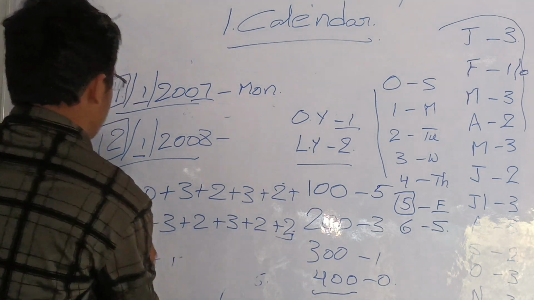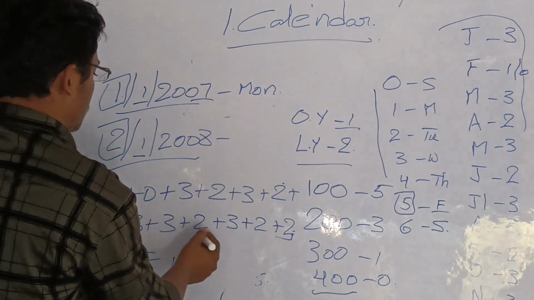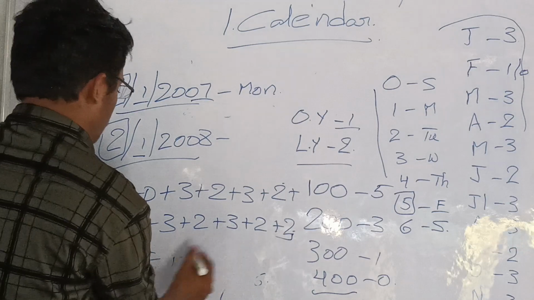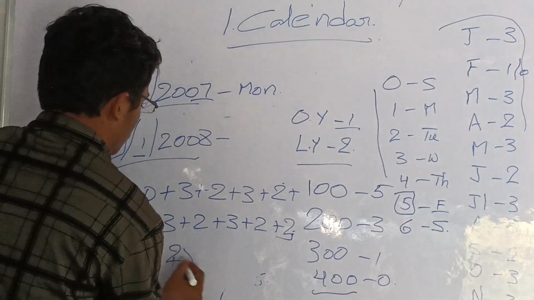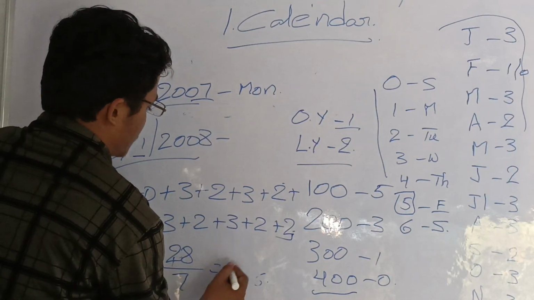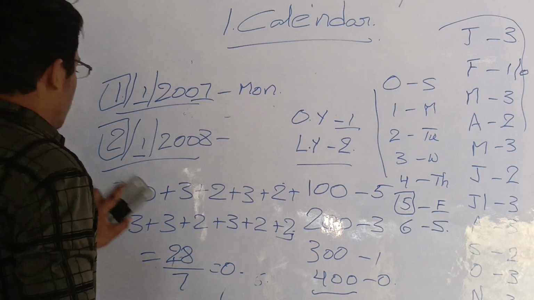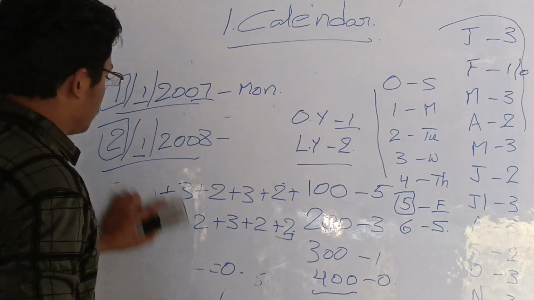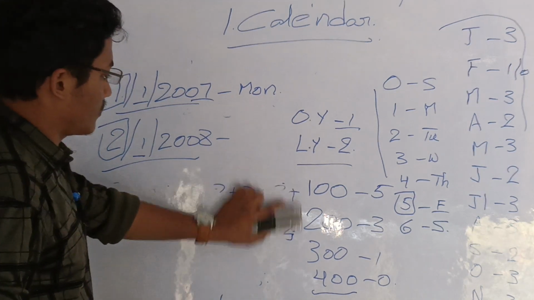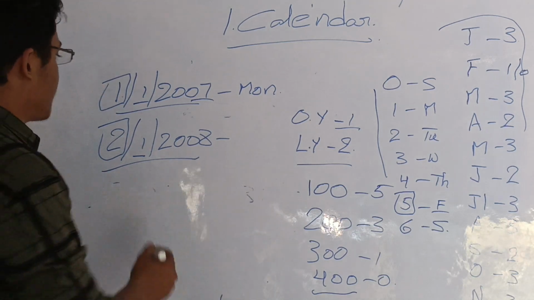When we add all this, 28. When we divide it by 7, we get 0 as remainder. So 0 odd days.